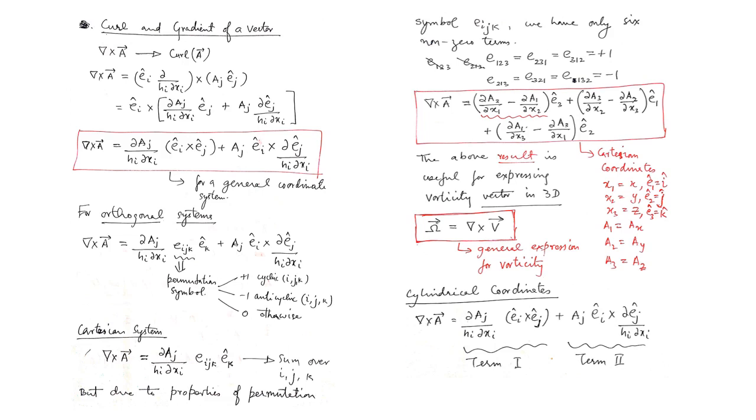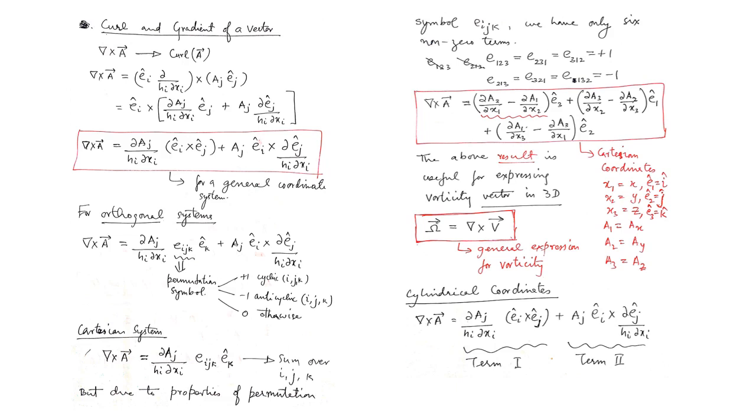That means del cross A, involving a general vector A in any coordinate system, you can finally arrive at this expression. Now you can simplify, because as I told you, almost 100% of the time we work with orthogonal coordinate systems and Cartesian. So starting from the general expression for orthogonal systems, for the first term having the cross product e_i cross e_j, I've already discussed the cross product of vectors, so I can use the permutation symbol e_ijk and e_k.